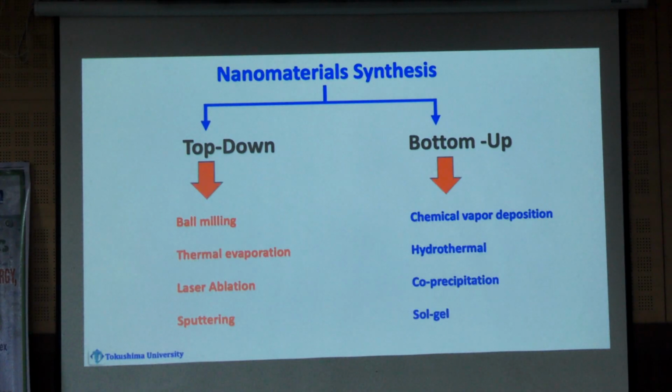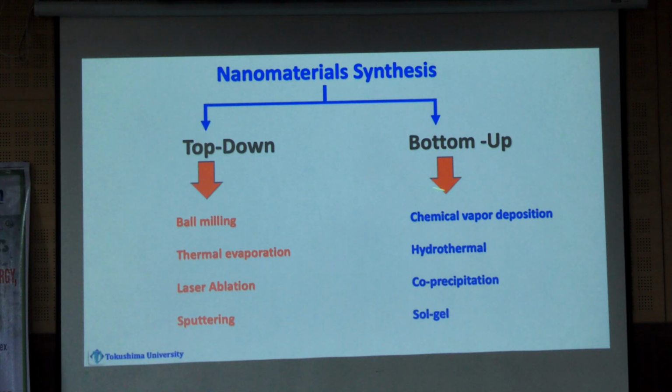And we also studied 8 types of synthesis methods. There are more than 20 types of synthesis methods. But widely used synthesis methods for preparing the nanomaterials are ball milling, thermal evaporation, laser ablation, sputtering.